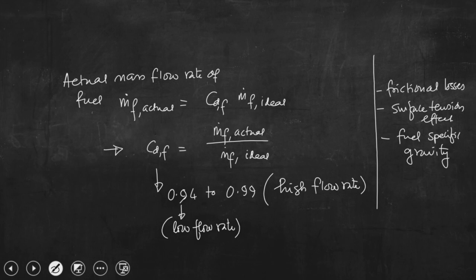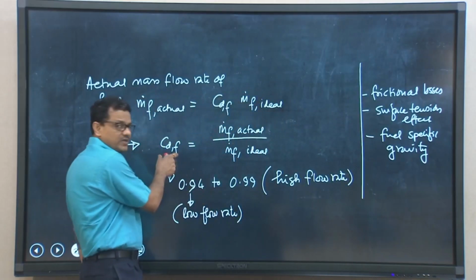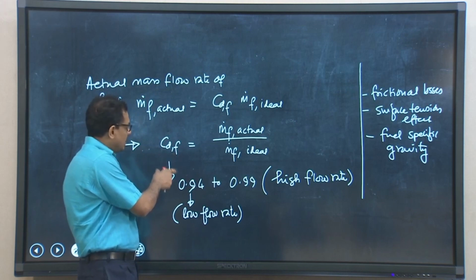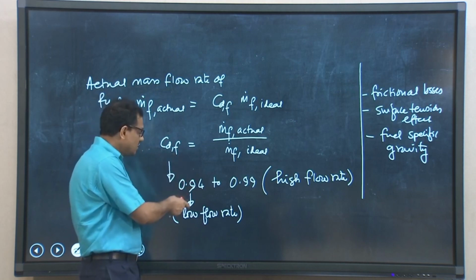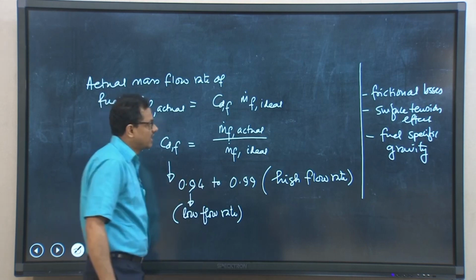So, though we could establish the expression assuming the flow to be an ideal flow, all these factors are responsible for the deviation of actual flow from the ideal one, and it is because of these factors this coefficient is defined and the value of this coefficient is varying from low flow rate to high flow rate, that is from 0.94 to 0.99.